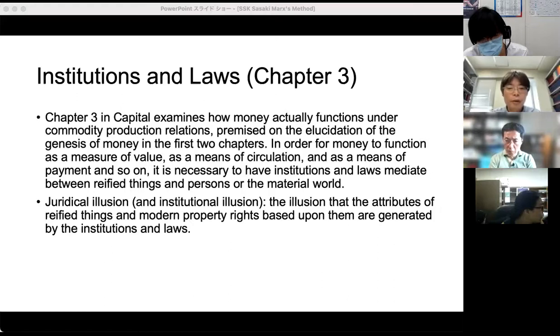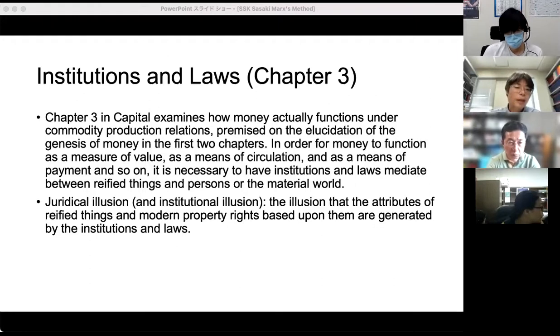For example, in order for money to function as a measure of value, the measurement standard of money must be unified within national boundaries. Since the standard of money is on the one hand purely conventional, while on the other hand it must possess universal validity, it is in the end regulated by law.